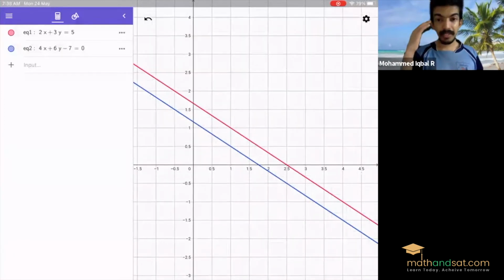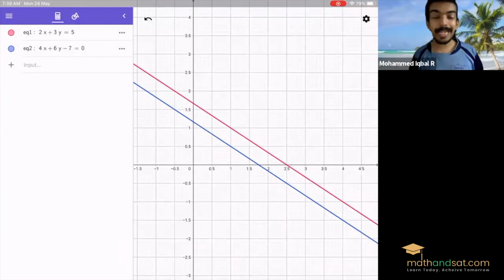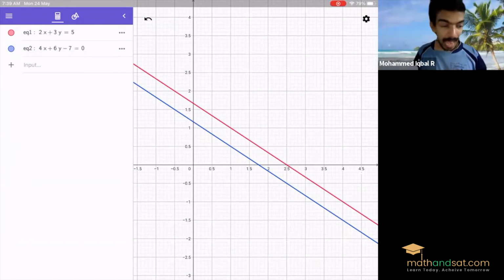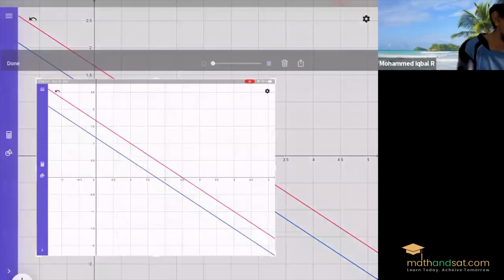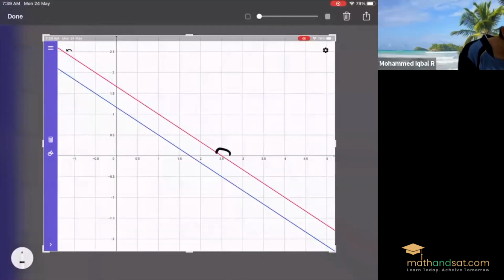These two lines will have the same slope, because slope is an indication of the direction, or you can say the angle it makes with the positive direction of the x-axis. These two are parallel lines. They are making the same angle with the positive direction of the x-axis. So this angle and this angle will be the same.